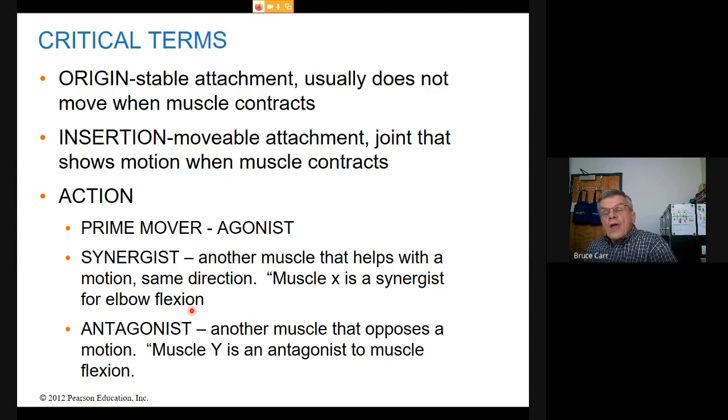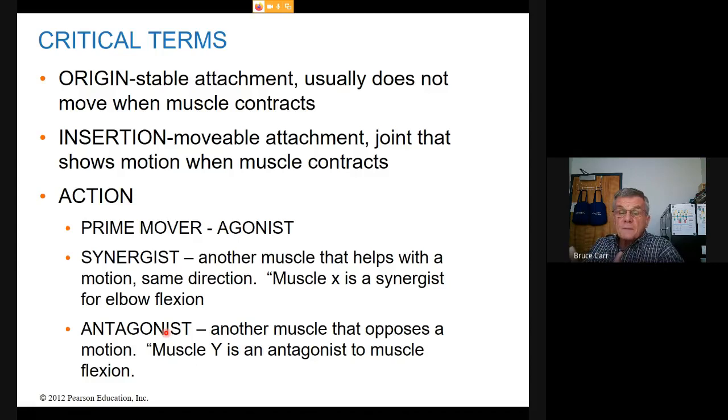Now, when we flex the elbow, the muscles that cross the posterior part of the joint must be relaxed, and the force of the biceps contraction is stretching them out. So that opposing muscle we would call an antagonist. It's on the other side of the joint, and if flexed, it will oppose the motion of the muscle we're thinking about.